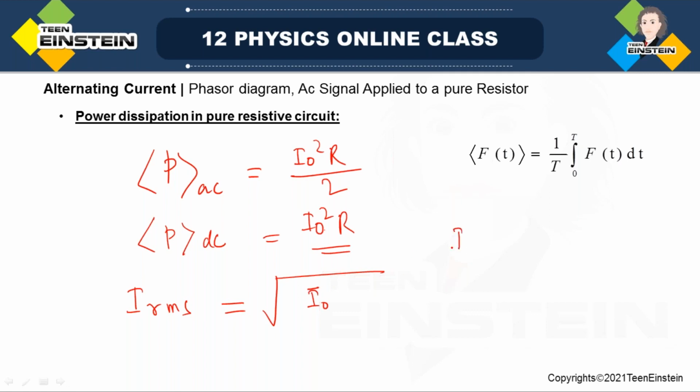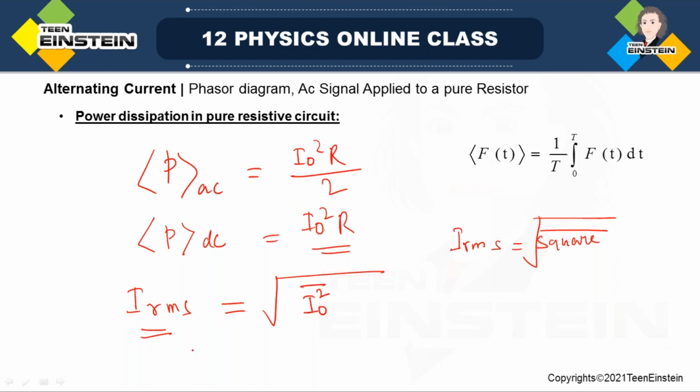So I'll just come from here. I RMS means you come from back: square a quantity, then take the mean, and then root. So I RMS means I have to take the square of I0, that means the amplitude of the current, take the mean of that, mean means average, and then get the square root of that.